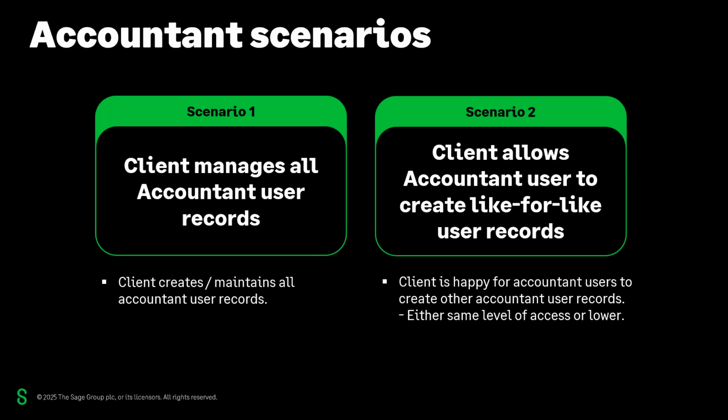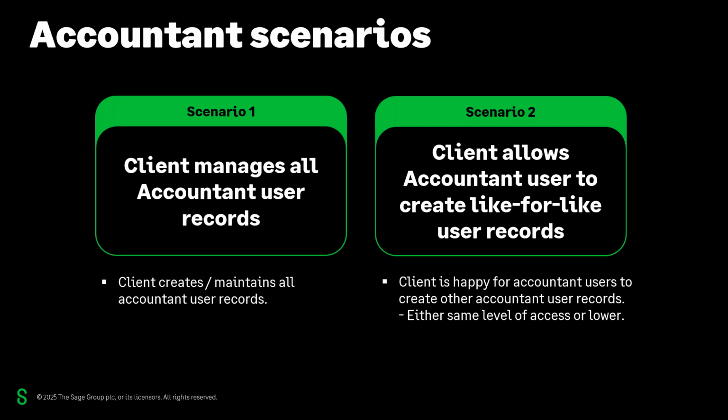Now, I've just got some specific accountant scenarios in relation to remote data access. In scenario 1, it is up to your client whether they want to manage all accountant user records. If you have been sharing logins in the past, each of your users will need to have their own user record.